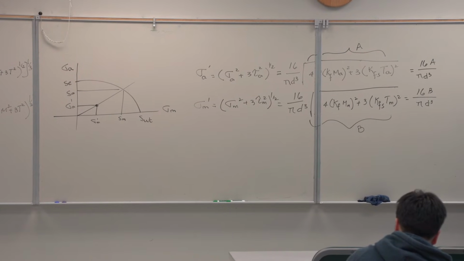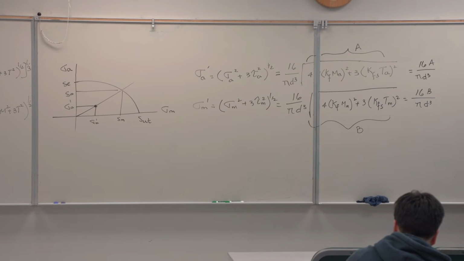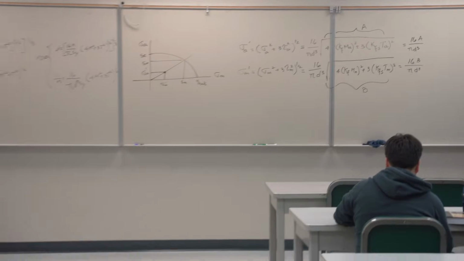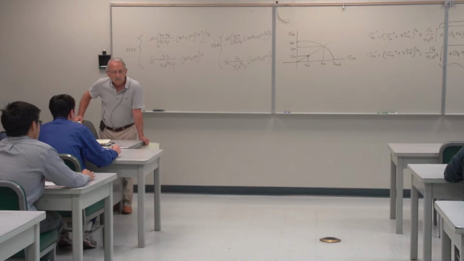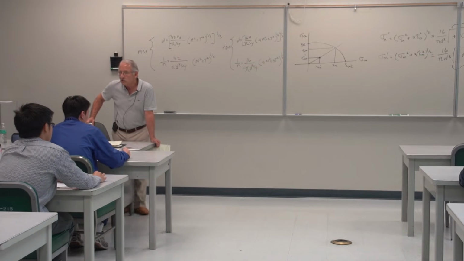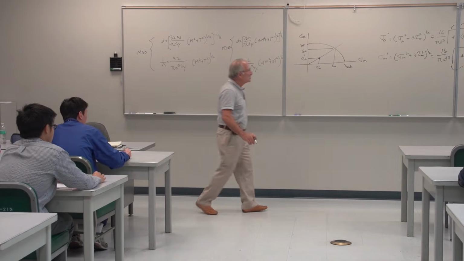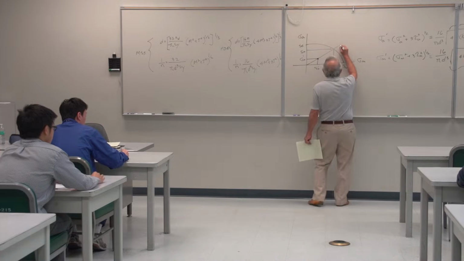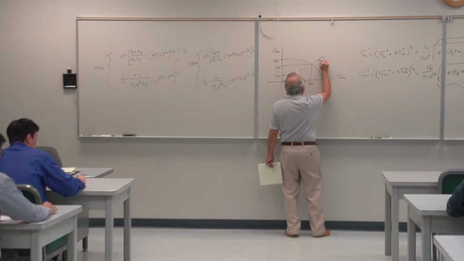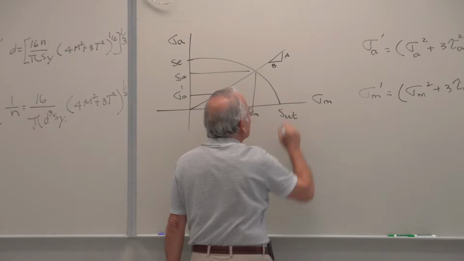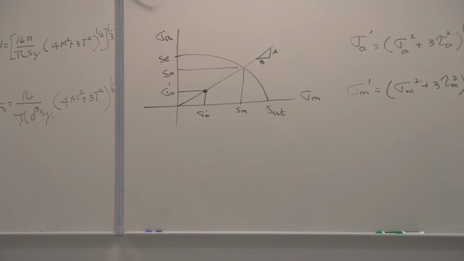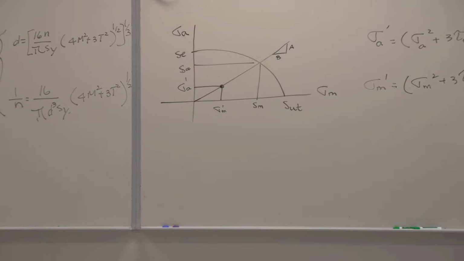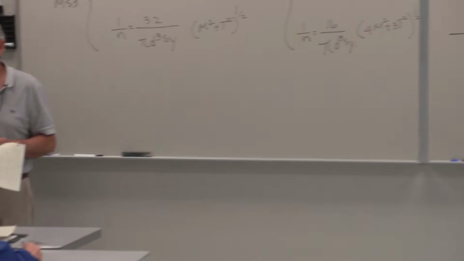What's the slope of the load line? A over B, that's right. Slope of the load line is A over B. Immediately you can draw the load line. Notice no calculation of stress is necessary.